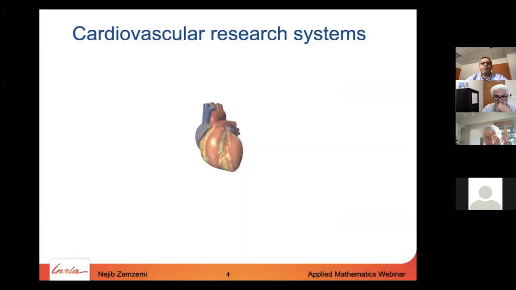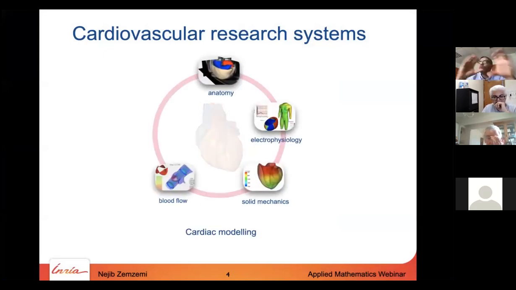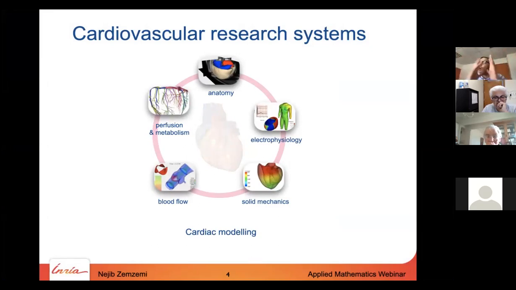So in terms of cardiovascular research, there are too many components in the heart modeling. There is the anatomy, where people are working on the segmentation and visualization of cardiac structures. This is the anatomical part. There is the electrophysiology, which I will be talking about. There is the solid mechanics: the heart is a pump, and there are mechanical phenomena in the heart, and that's also another area of research.